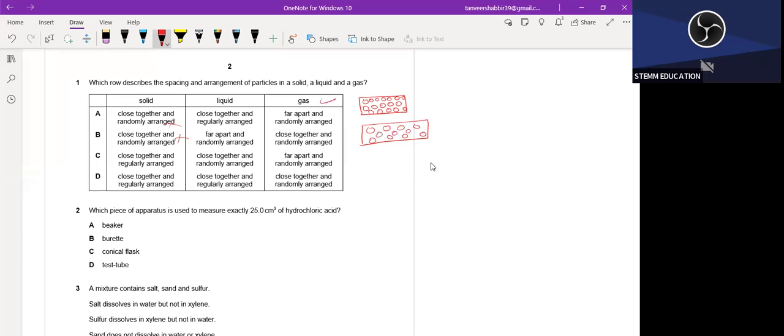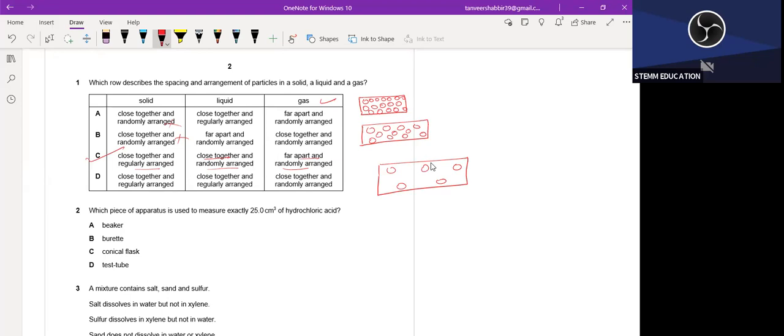And in gaseous form, atoms are very far away from each other and very randomly arranged. So: very far apart and random; close together and random; close together and regular. So the answer to this first question will be A.